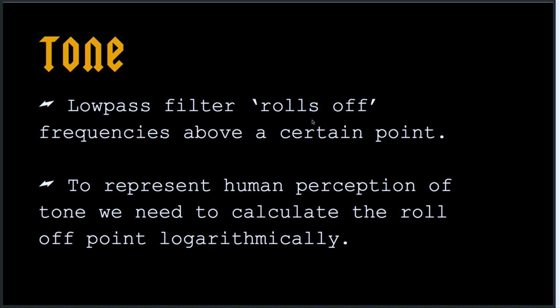Okay, so tone. The way the tone slider works is that a low-pass filter rolls off frequencies over a certain point. You've probably seen tone controls on your home stereo. It's pretty simple. When you've got the tone set low, you'll get a real muddy low sound, and when the tone is high, you'll get a bright, shiny sound.